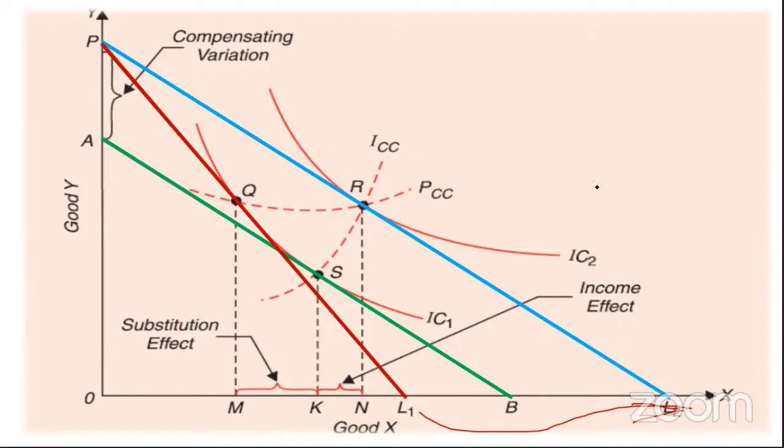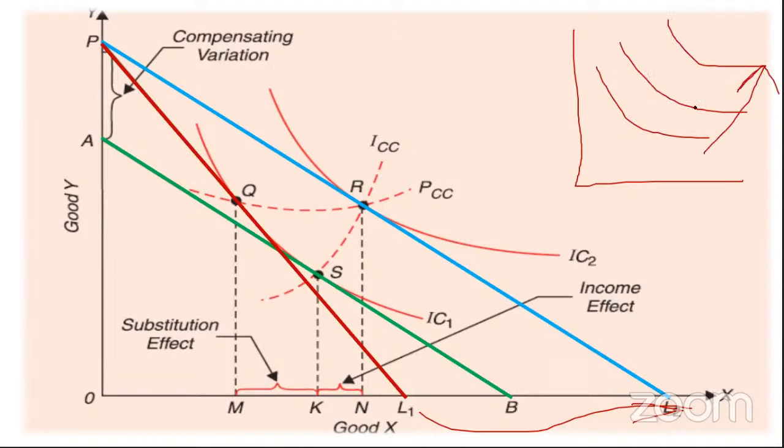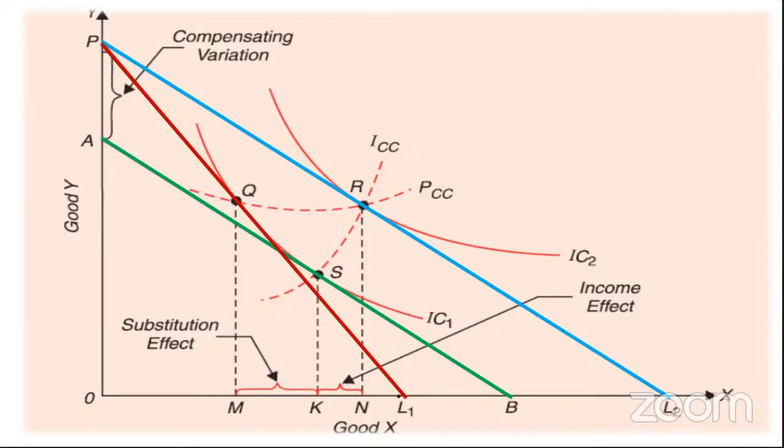Remember, at a higher level of indifference curve the individual satisfaction is higher, and the substitution is more. The higher the indifference curve, the higher the satisfaction. To get a higher level of satisfaction, first of all the budget line will be twisted, because the price of good X has fallen.